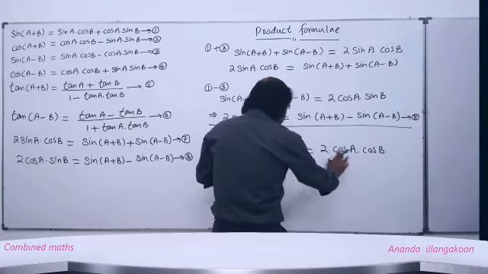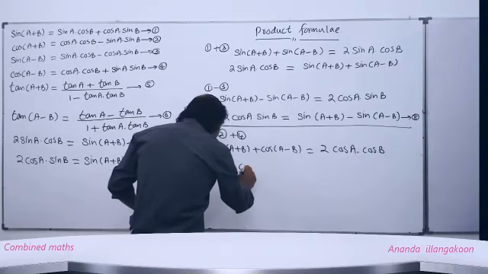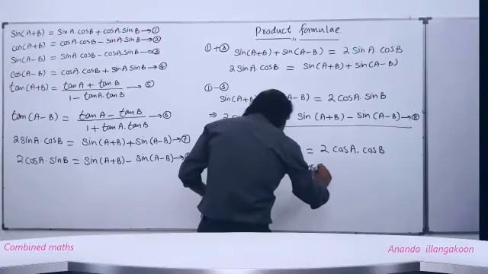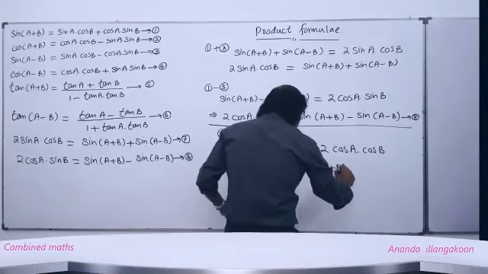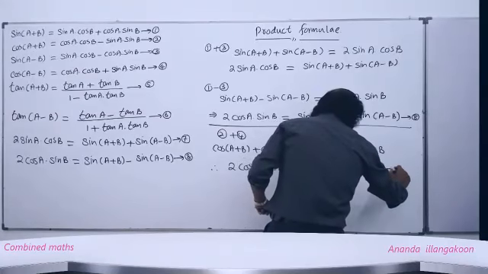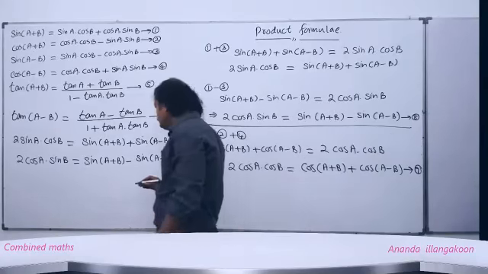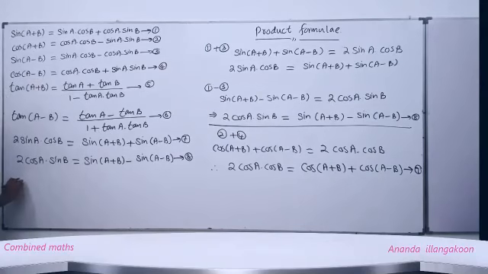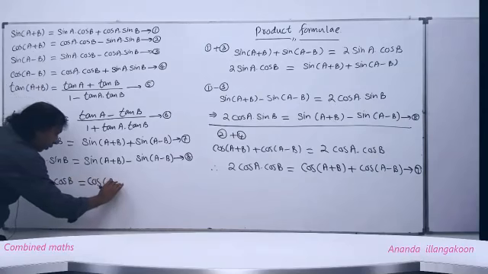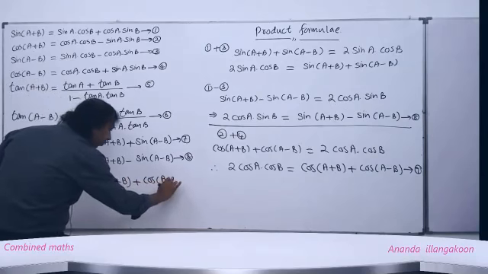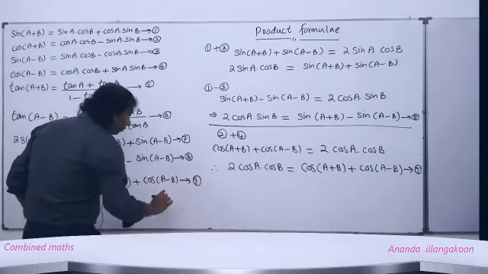So therefore, 2 cos A cos B is equal to cos A plus B plus cos A minus B. This is number 9.